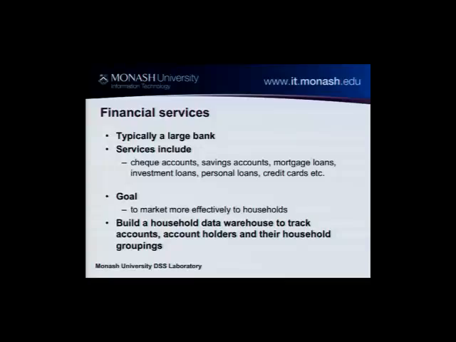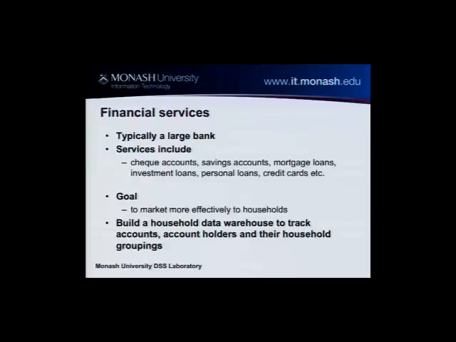When you open up an account with a bank, you give your personal information, and you might have a joint account with one other person. But there's no easy way for banks to identify which people belong to a household. So their products are set up for individuals and maybe pairs or small numbers of individuals holding their products. But very often they want to market to an entire household.